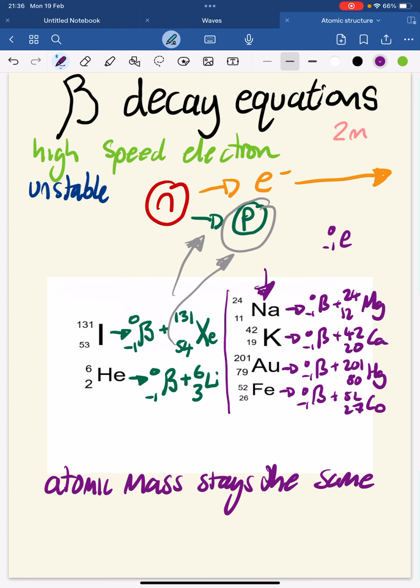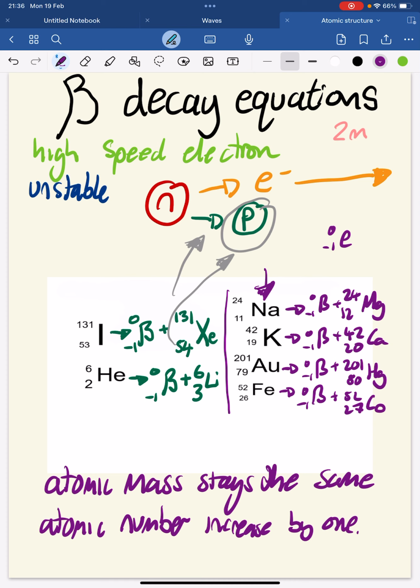However, the atomic number will increase by 1.